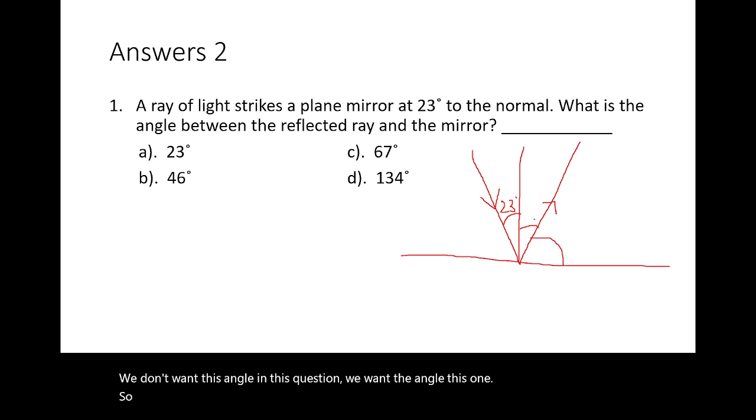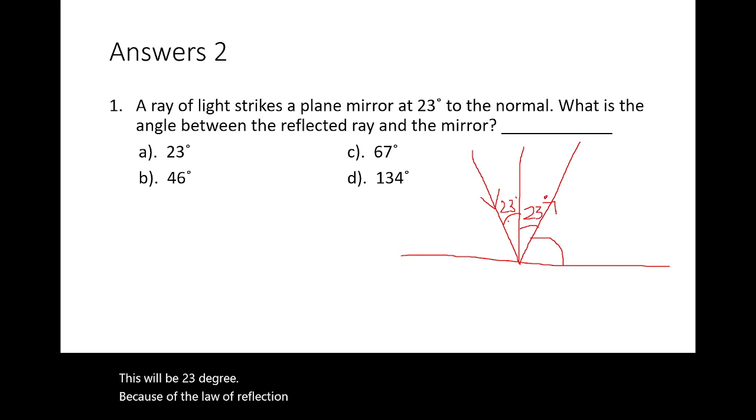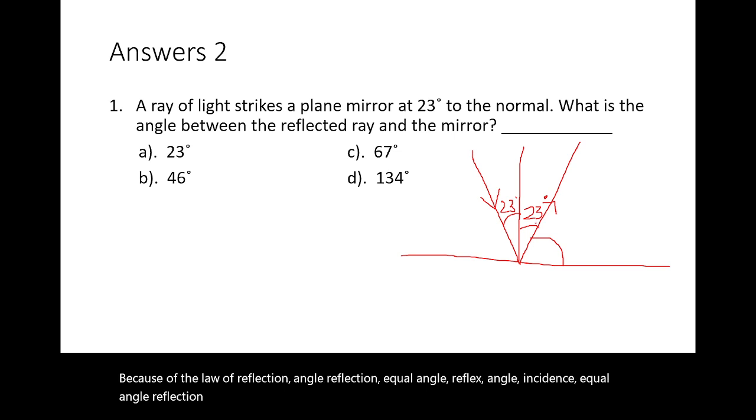So we know that this will be 23 degrees because of the law of reflection. Angle of reflection equals angle of incidence, so theta I equals theta R. So this will be 23. But the question asks how much is this angle?